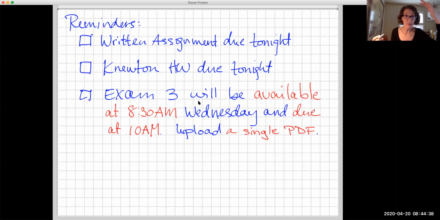So if I have problems 2 and 3 on page 2, I want you to only have problems 2 and 3 on page 2. And your first page has to be your academic integrity pledge. If you don't have a pledge, I'm not going to grade your test, okay? So you have to have an academic integrity pledge.